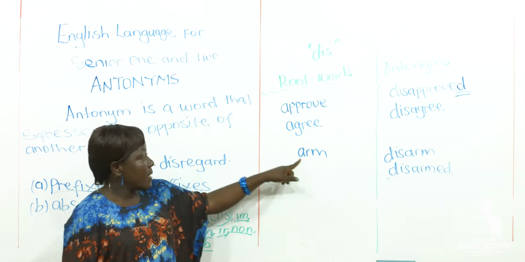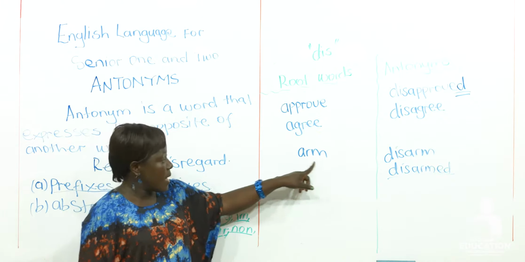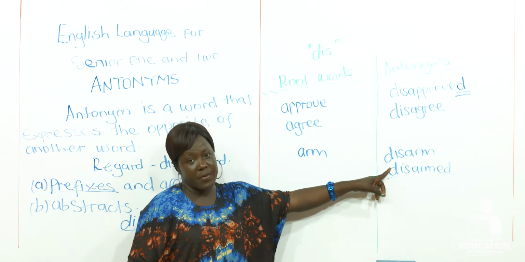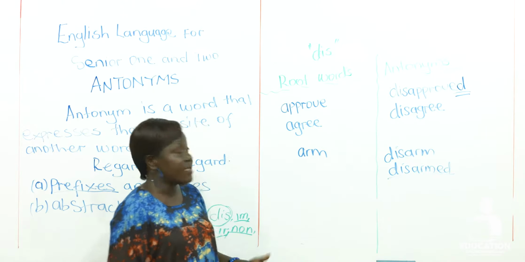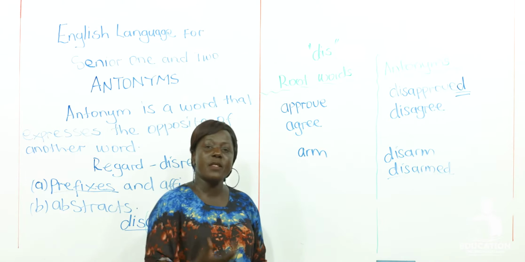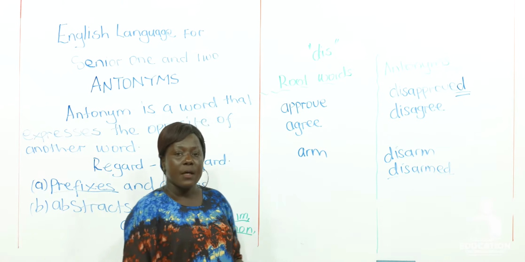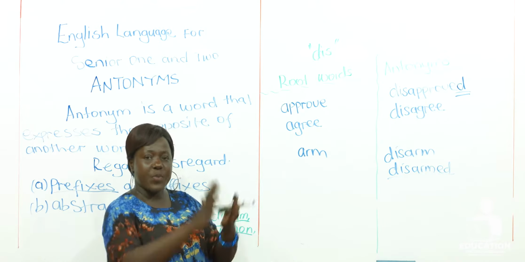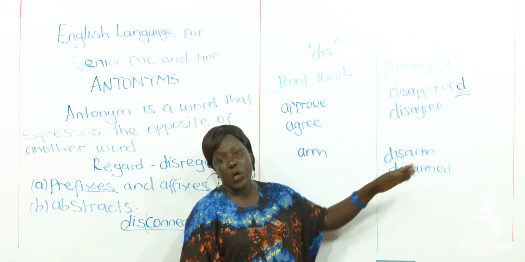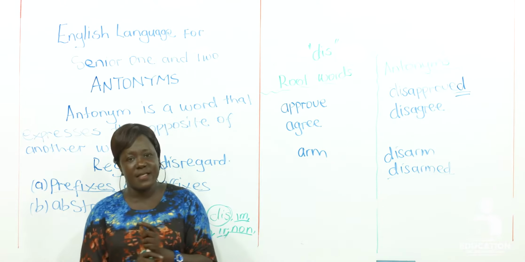For instance, when you say to disarm, it is a verb. Don't come and say disarmament. Don't add ment to it. It will change into a noun, naming that process. Meanwhile, this one is the action. So maintain also word classes.